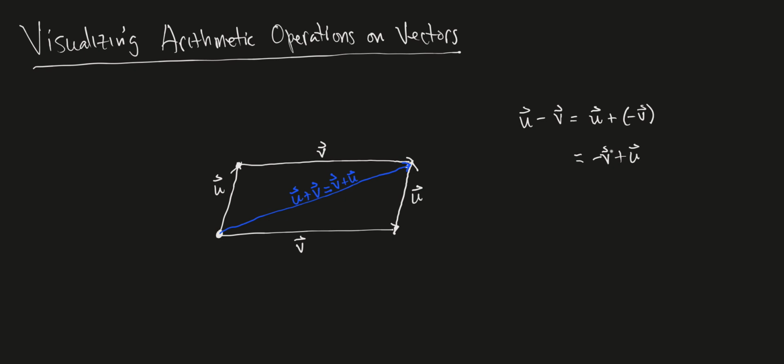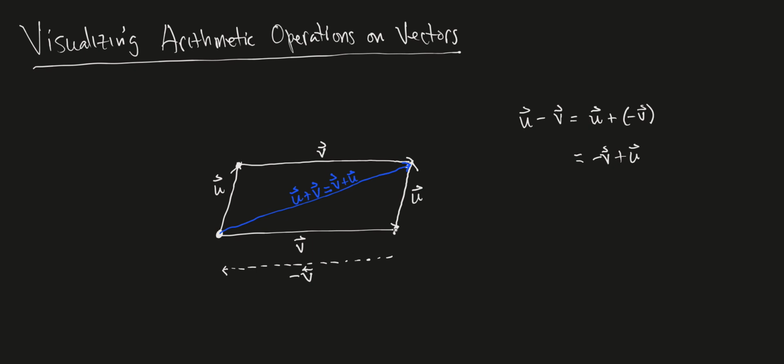Well, what would negative v look like? If I remember what the negative does, it just makes the opposite of the vector, so to speak. So if v starts here and ends here, then negative v would go in the opposite direction. I'll just do that dotted below, like this. So this is the vector negative v.